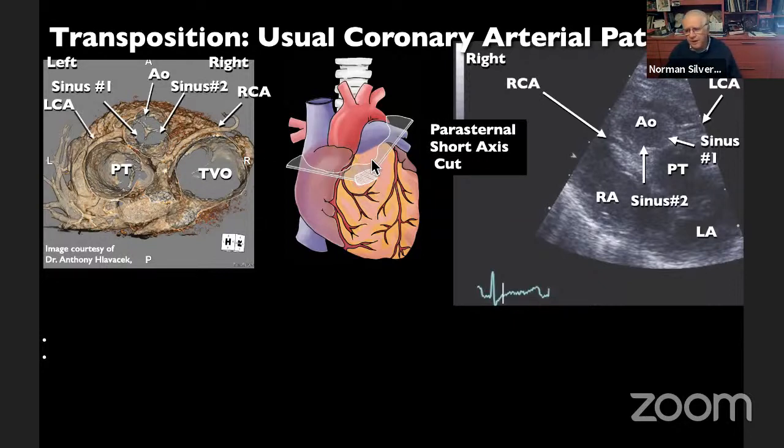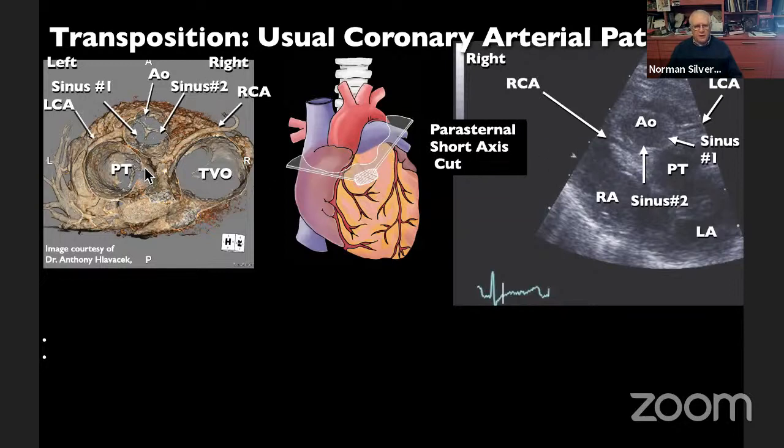The problem with echo is this is looked at from above and this is looked at from below, so it is a completely different situation. Sinus 1 is still on this side, and sinus 2 is on the other side here. So there are the two sinuses, and you can see that the sinuses will be mirror image.